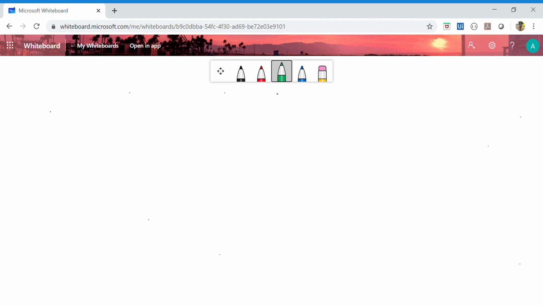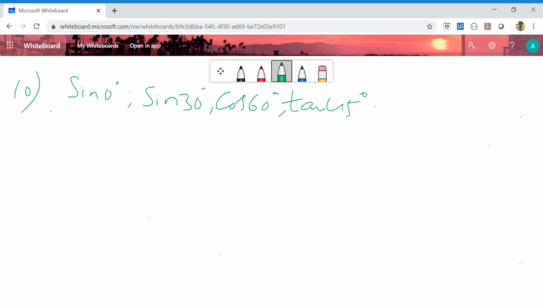Next, 10th one. The arithmetic mean of values sine 0 degrees, sine 30 degrees, cos 60 degrees, tan 45 degrees, and cot 45 degrees. This is also a connective question with trigonometry and arithmetic mean.